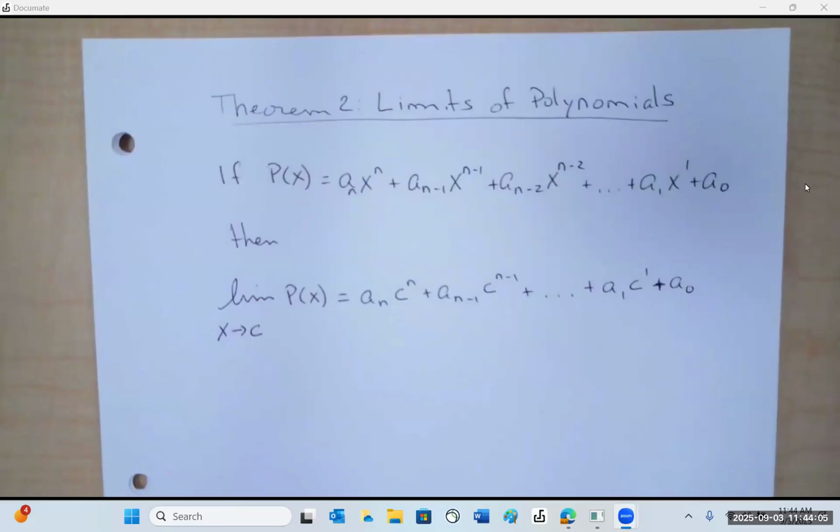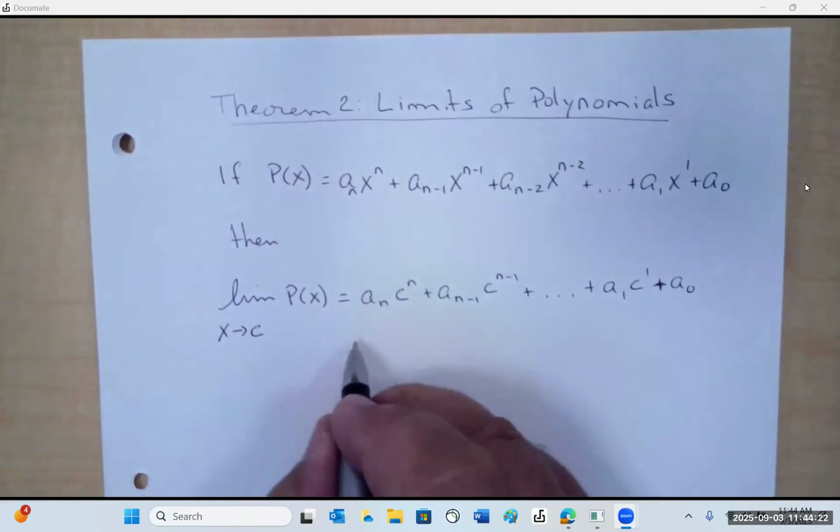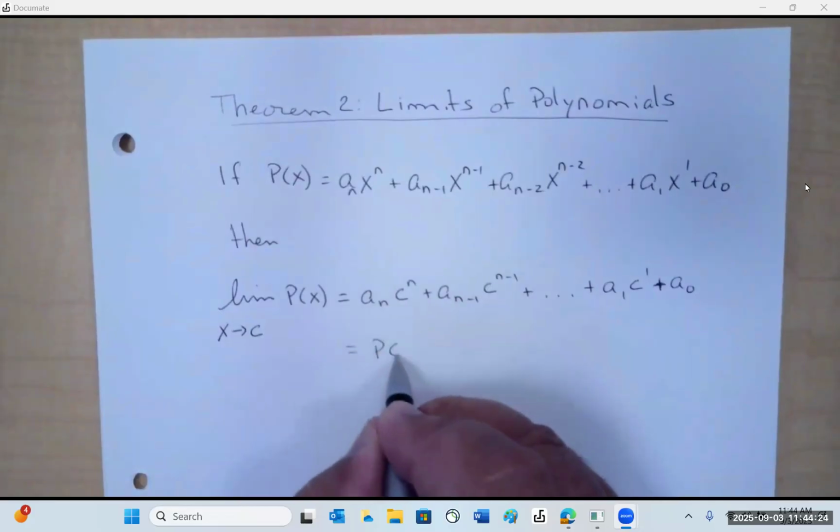What happened there? What did this just do? Well, first step, always plug in your value C. That's all we did. Which equals P of C.